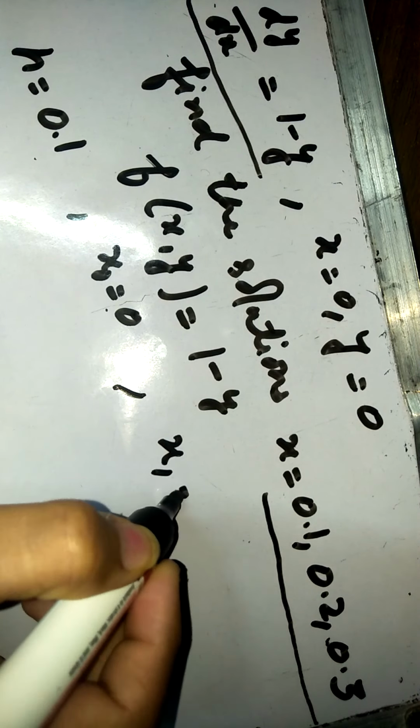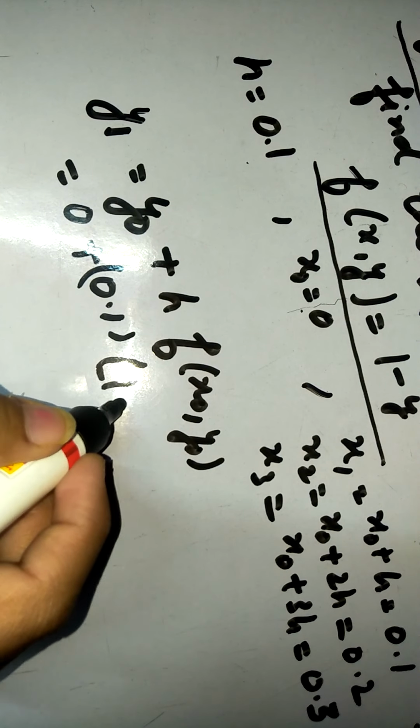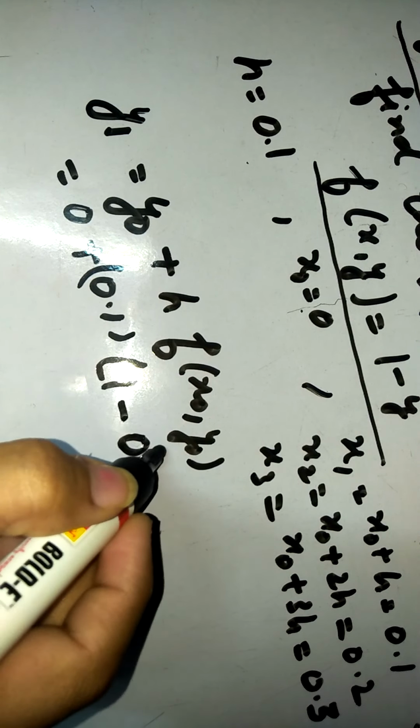So we substitute here y0 is 0, plus h is 0.1, and the function is f of x comma y, that is 1 minus y, so here 1 minus y0, that means 1 minus 0. So we get y1 is 0.1.